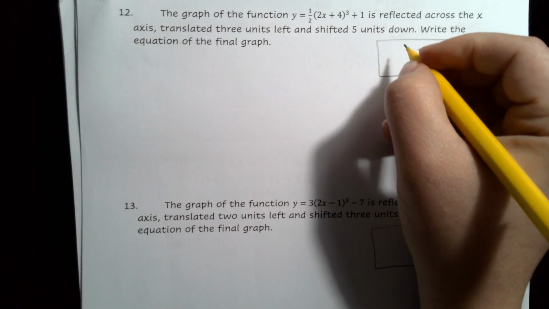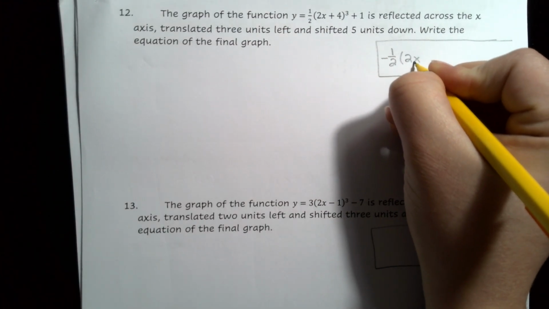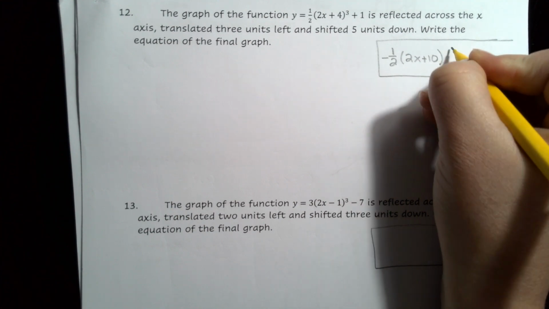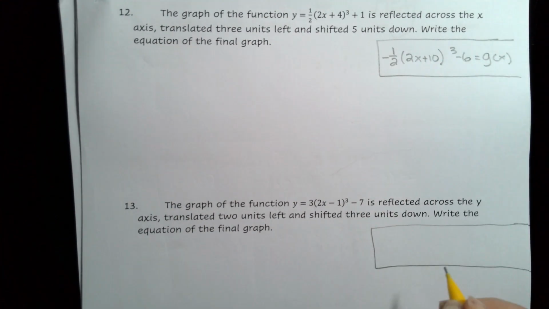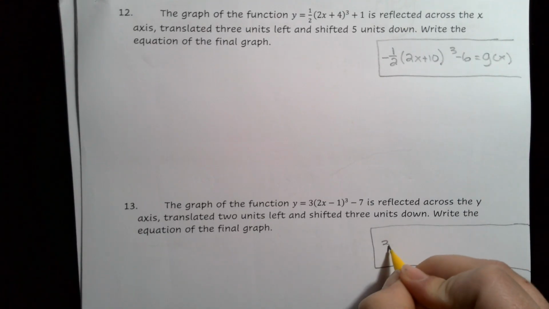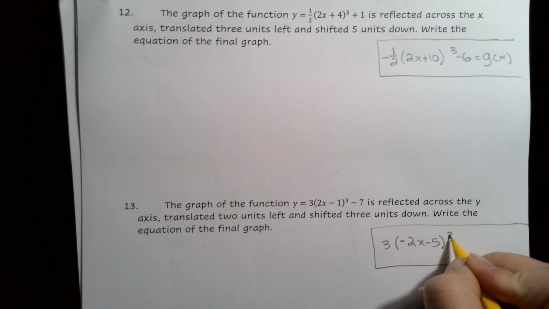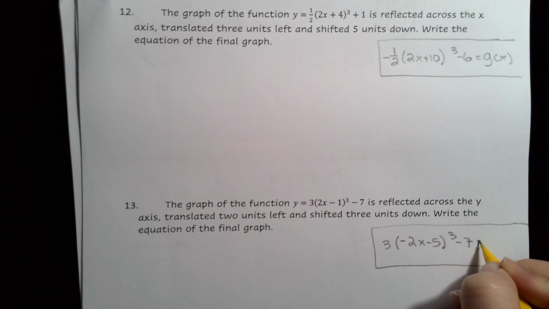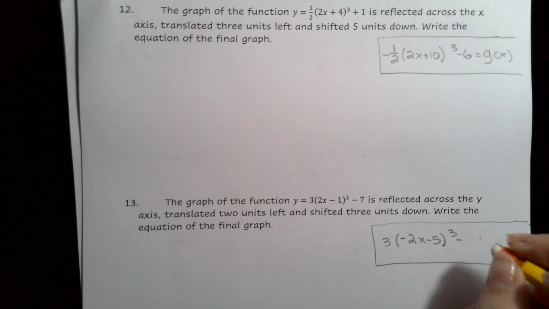So for question number 12, the answer is -1/2, 2x plus 10 cubed minus 6. I called it g of x. And then for question number 13, 3 open, -2x minus 5, close it, cube it, -7. Hold on, -10.